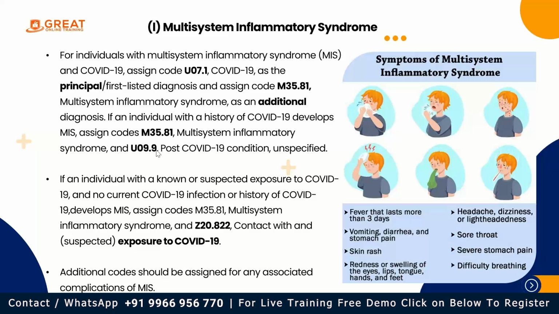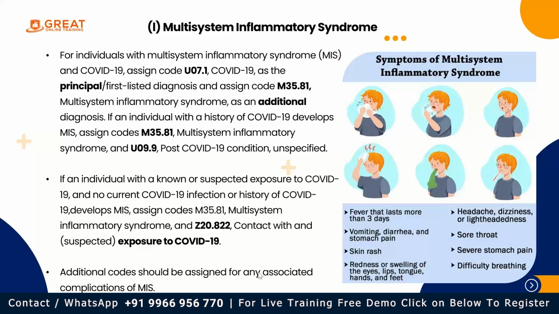And if MIS develops post COVID-19, or MIS with history of COVID-19 is there, we have to use MIS as a principal diagnosis and U09.9 post COVID-19 condition code as an additional. And if MIS is present but there is no current COVID-19 infection or history of COVID-19, you have to use the suspected exposure code as an additional.